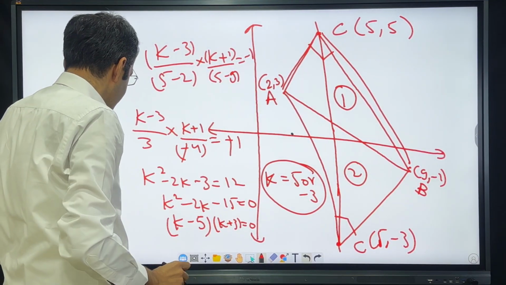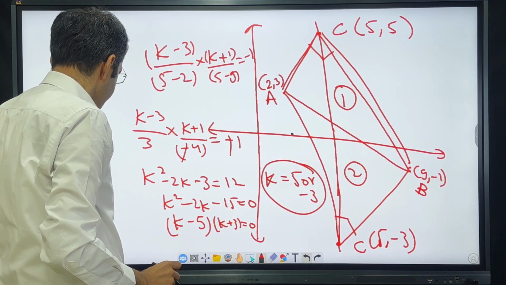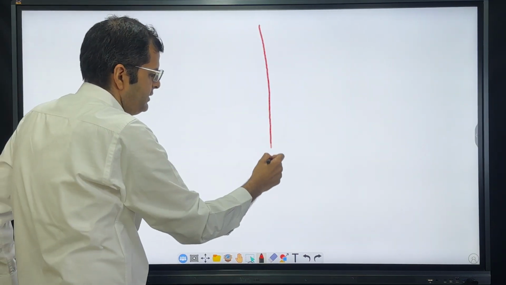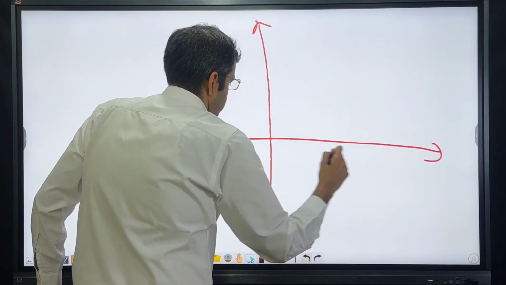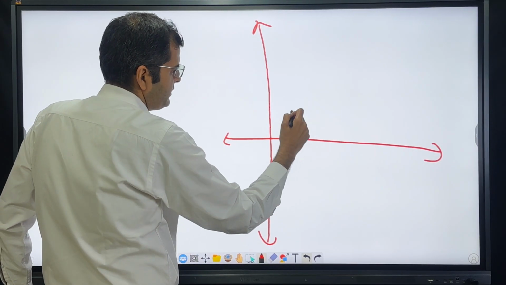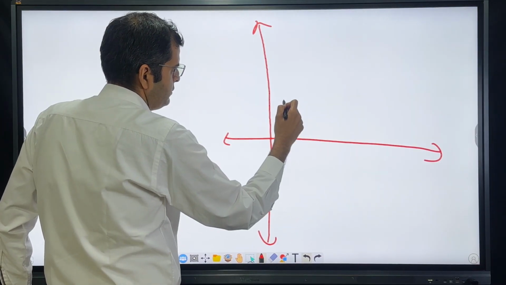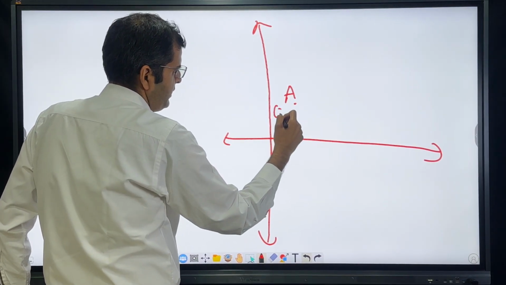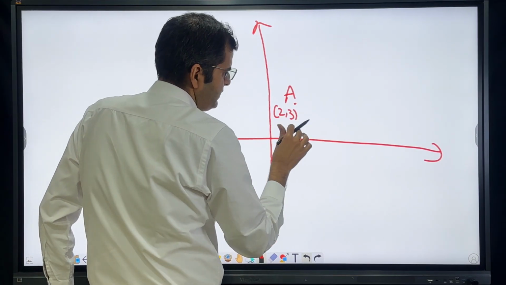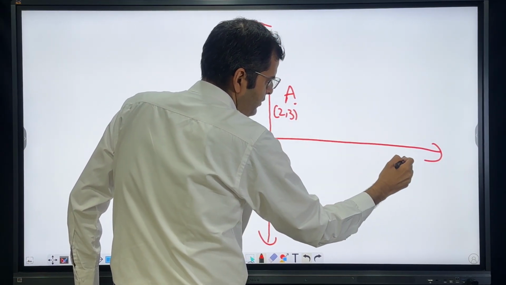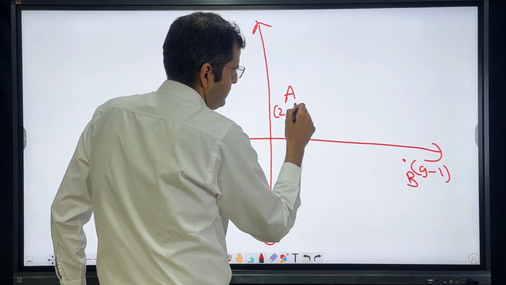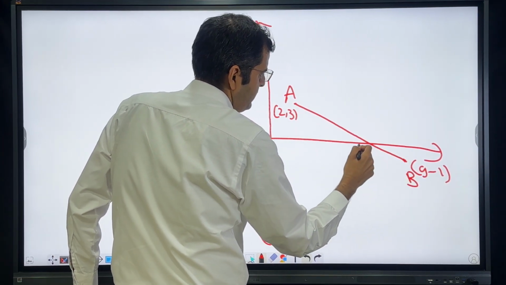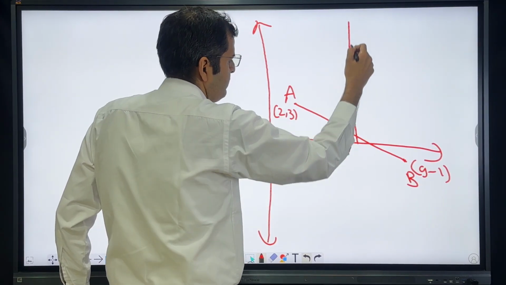Now I will make a right angle at A and B. So to do that, let me draw it again here. A is (2, 3). This is point A. B is (9, -1). This is B. I join AB. C has to lie on this line, (5, k).